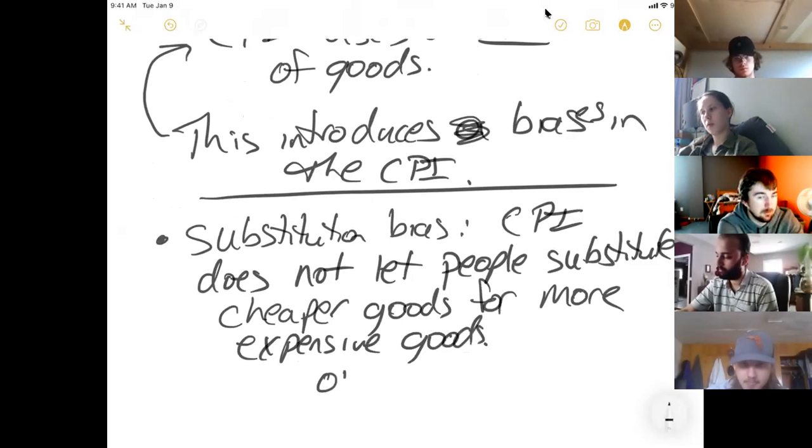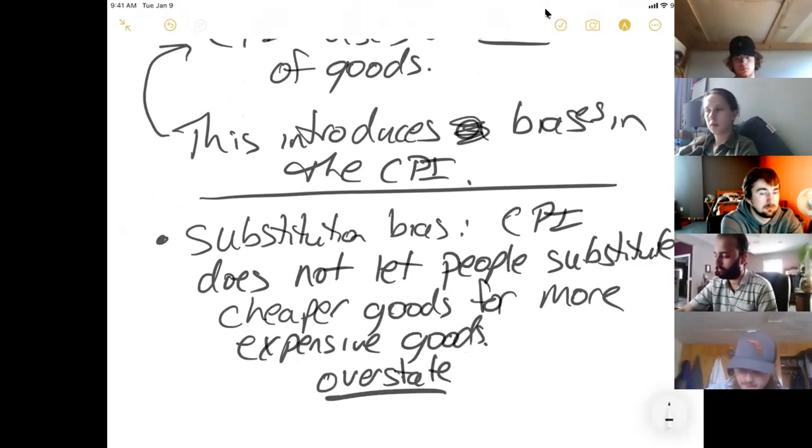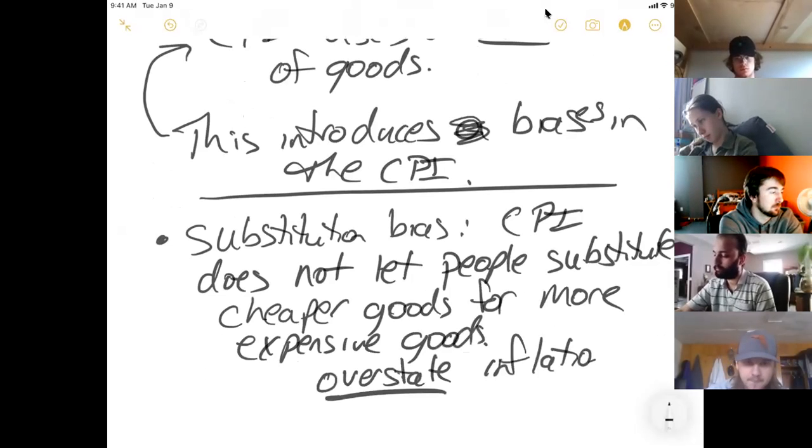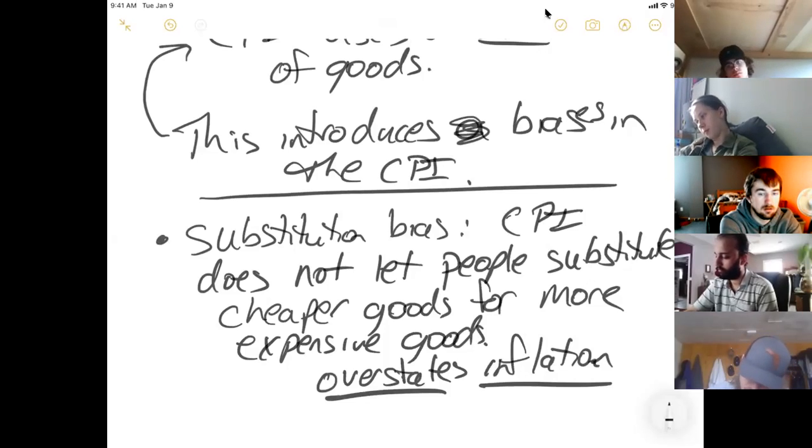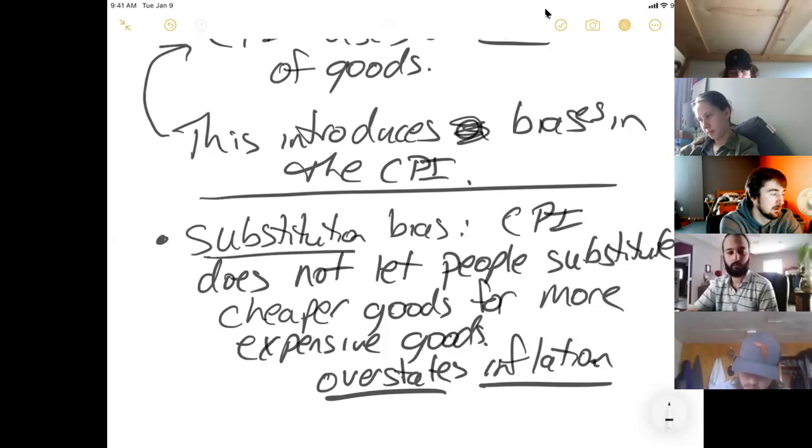As a result, it tends to overstate inflation, because people figure out a way to avoid higher prices, but the consumer price index doesn't really take that into account. And so that's a bias. The consumer price index tends to overstate inflation.